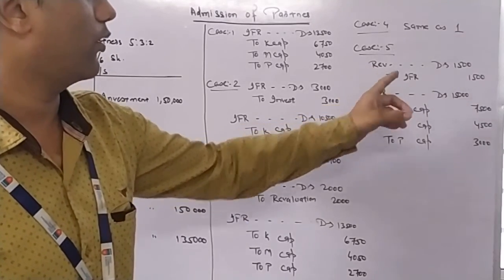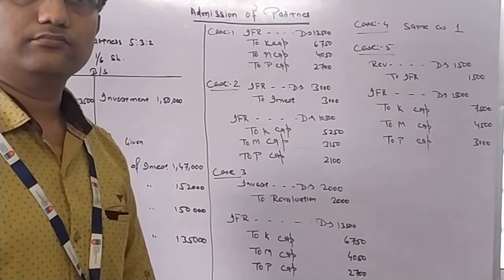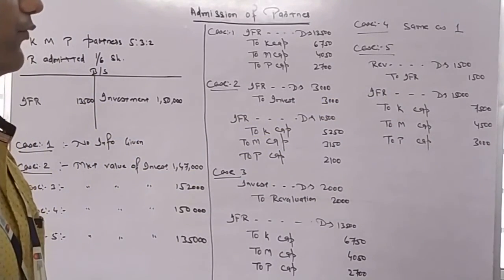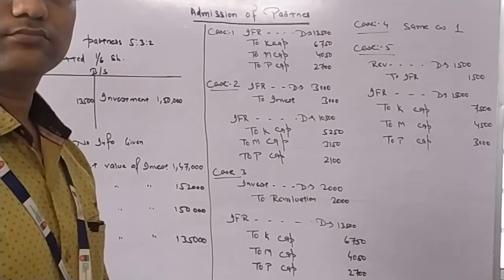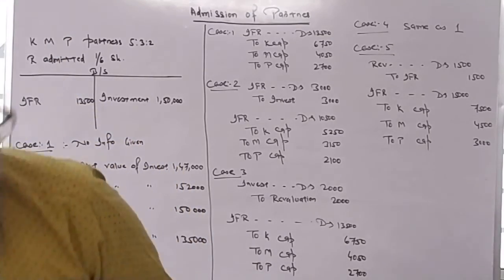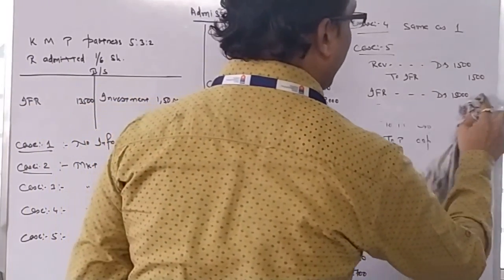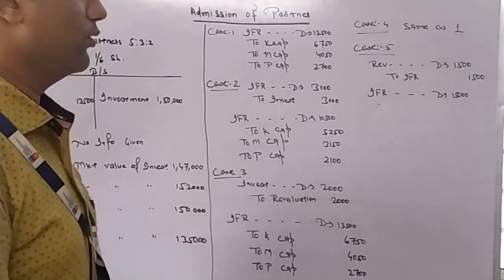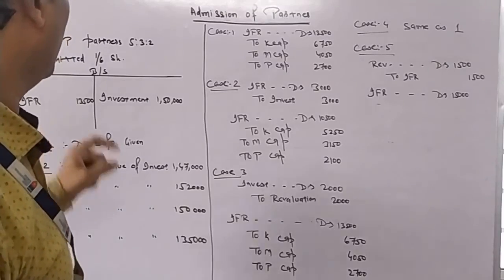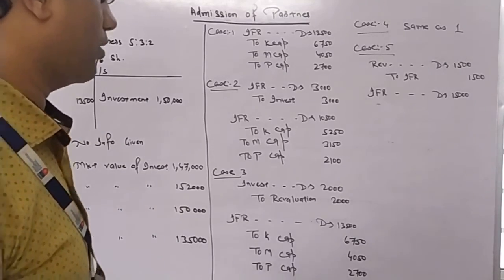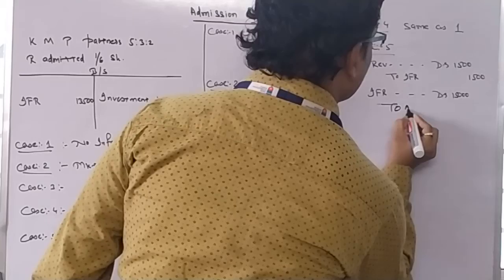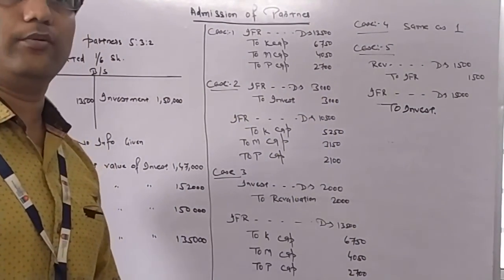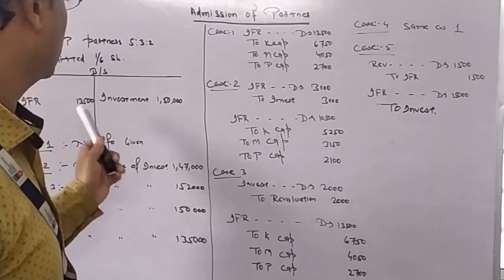It will be revaluation account debit to investment fluctuation reserve. Then investment fluctuation reserve 15,000, the full 15,000, will be used to adjust this loss to investment account. Investment fluctuation reserve account debit to investment account.